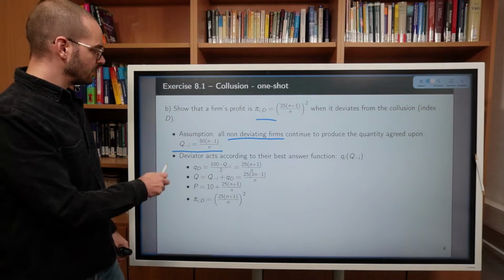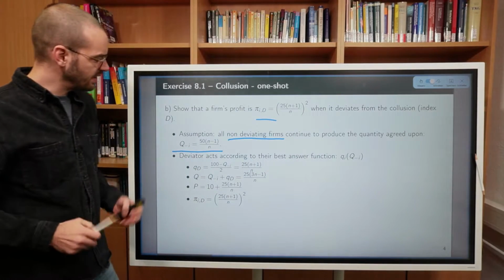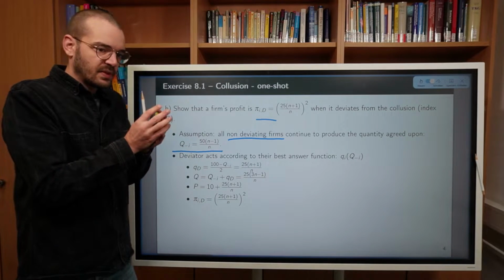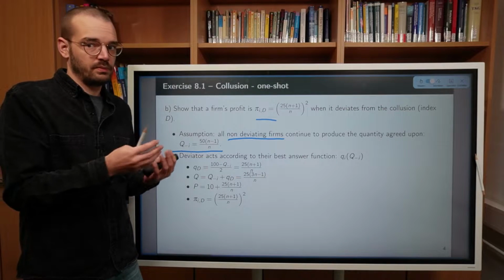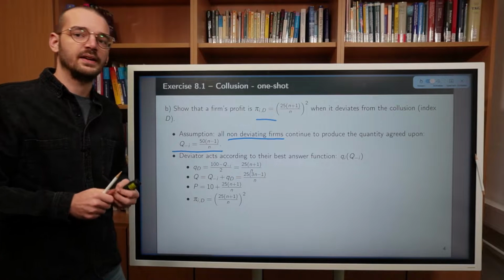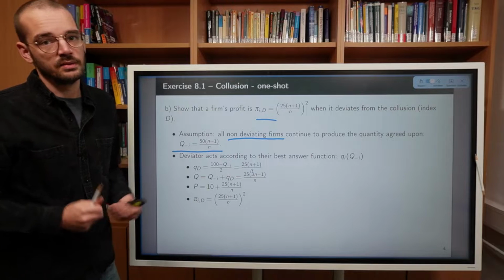So the quantity that all other firms produce is 50 divided by n, the individual firm's quantity under collusion, multiplied with the number of firms minus 1, because there is one deviator, right?